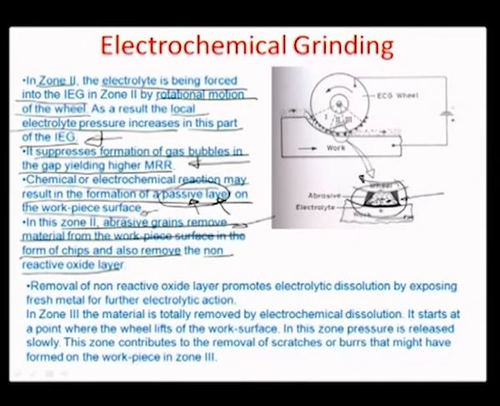So at the end of the day, when this zone 2 is crossed, the surface is kind of brought back to fresh, because there is already a scratching mechanical action initiated by these abrasive grains towards the end of zone 2, and there is a general removal of the non-reactive oxide layer.